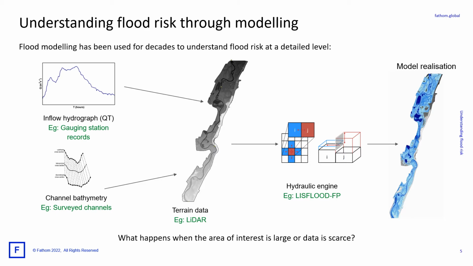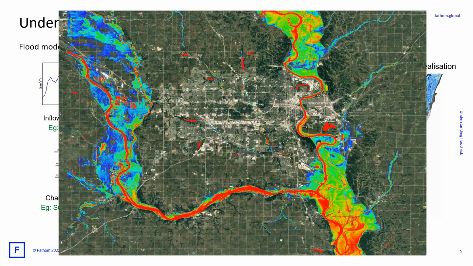So why is large scale modelling important? Well, the most costly and damaging flood events generally have a regional, even continental scale footprint. If we look at last year, there were huge floods in Belgium, Germany, the Netherlands and Switzerland. That was in July last year. And also in August 2017, I think the most costly event on record in the US, Hurricane Harvey in Texas and Louisiana.